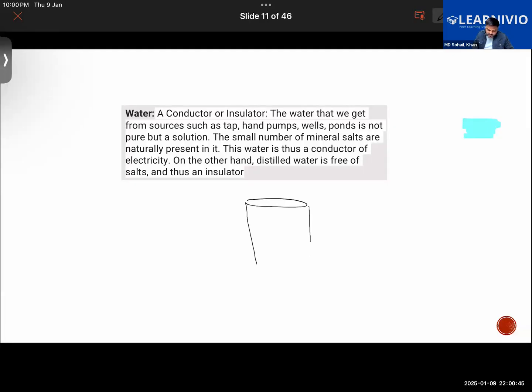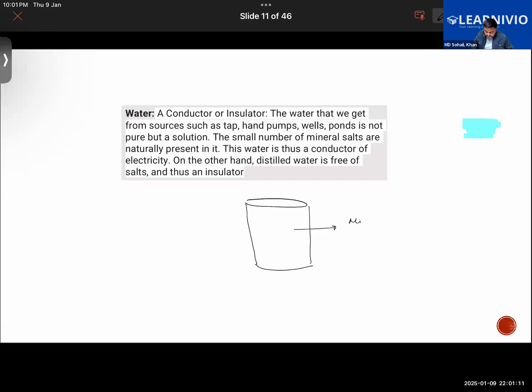So suppose you were to take a sample of water from the nearby pond or from the well. That water will have some amount of dissolved mineral salts in it. For example, the pond water or the well water will generally have mineral salts of calcium, or mineral salts of magnesium, etc. Getting it, everyone?